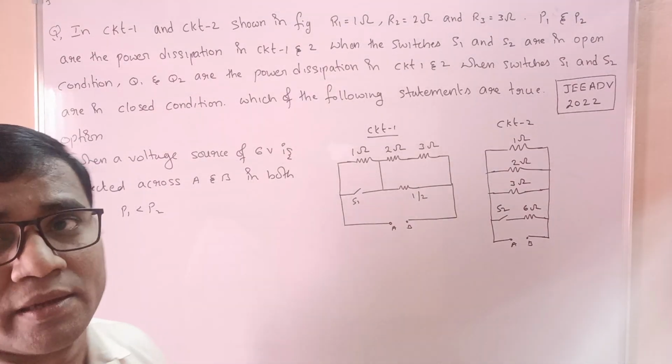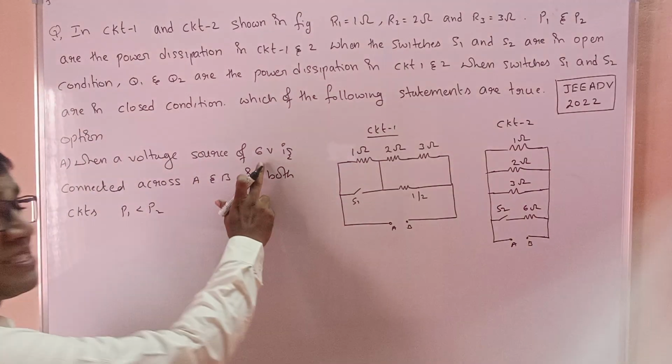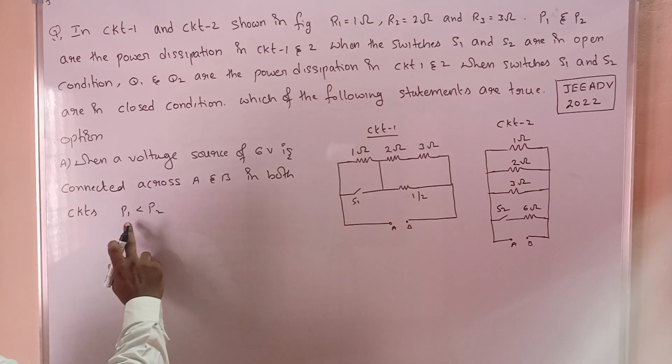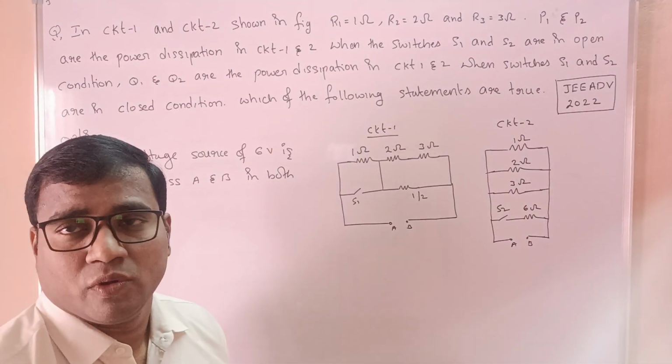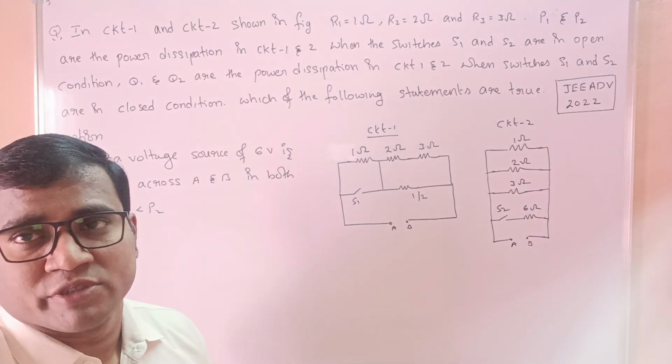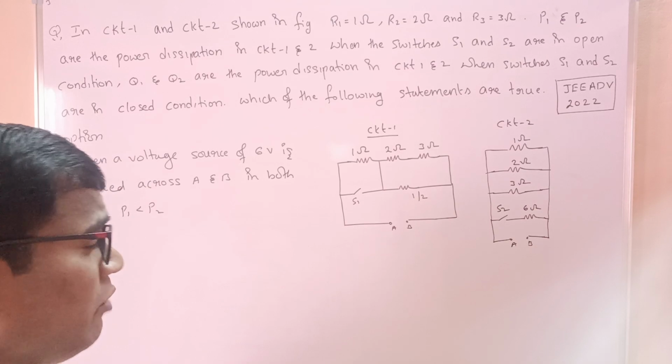Now we have to check it. Across A and B, a 6 volt supply is given, and this condition says that P1 is less than P2. We have to check whether P1 is less than P2 or P1 is greater than P2, and whether the statement is correct or wrong. Let's see how to solve.